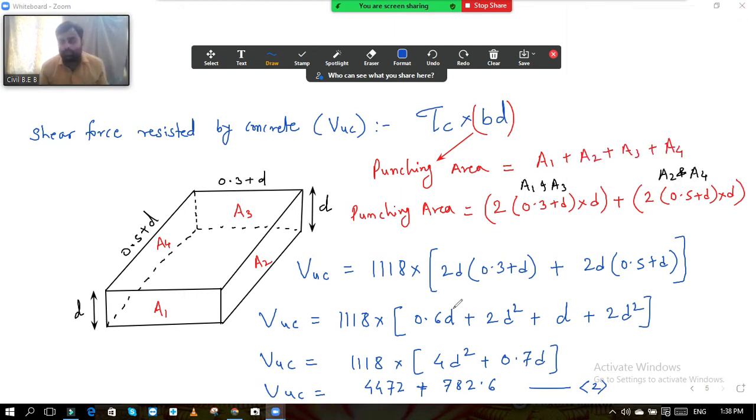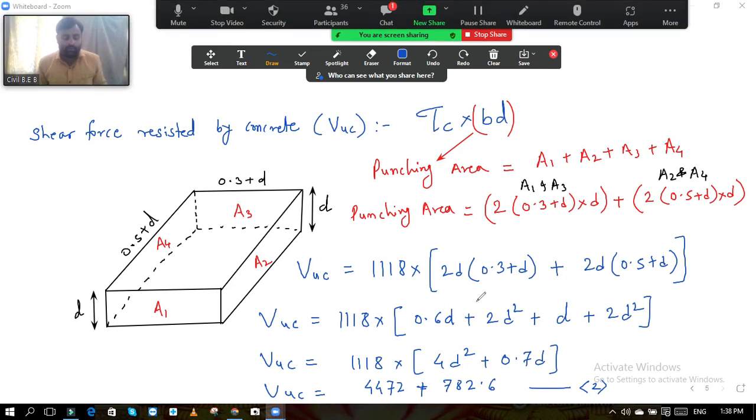Okay. So once we have both of these equations 1 and 2, then we will equate them. Here 0.6d plus d is equal to 1.6d. Correct.